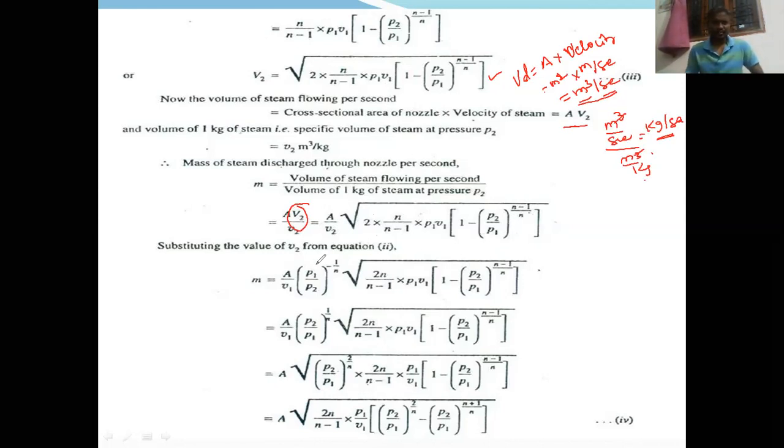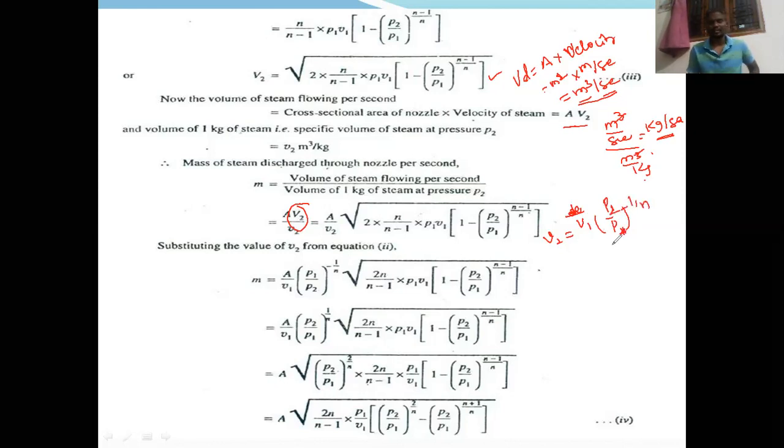And also we are substituting the value of v2 from the equation. In the previous equation we got the value of v2 is equal to what? 1 by v1 into... and this value is equal to v1 into p1 by p2 to the power of... p2 by p1 to the power of 1 minus n.